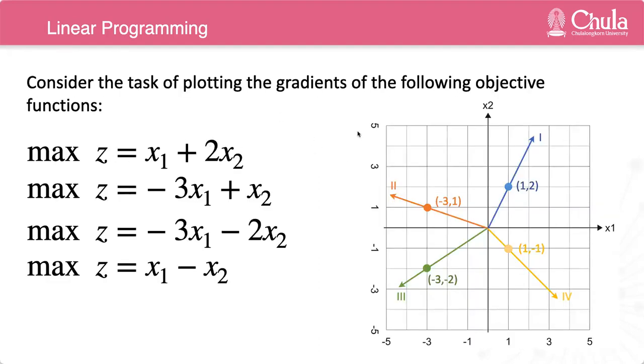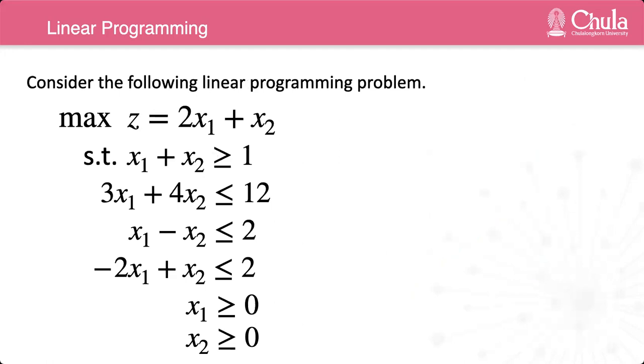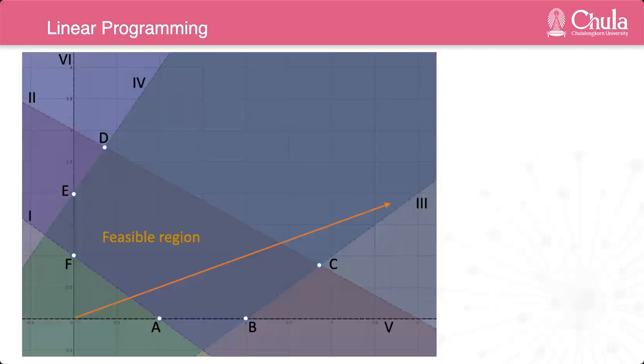Remember, the gradient of the first function, we draw the line passing through the origin and (1, 2), right? So it's really easy.